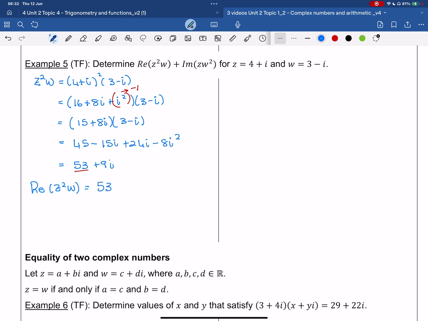All right, let's have a look at zw squared. So (4 plus i) times (3 minus i) all squared. Let's expand the squared bracket first, so 9 minus 6i plus i squared. Again, we're going to deal with the fact that i squared is equal to -1 first.